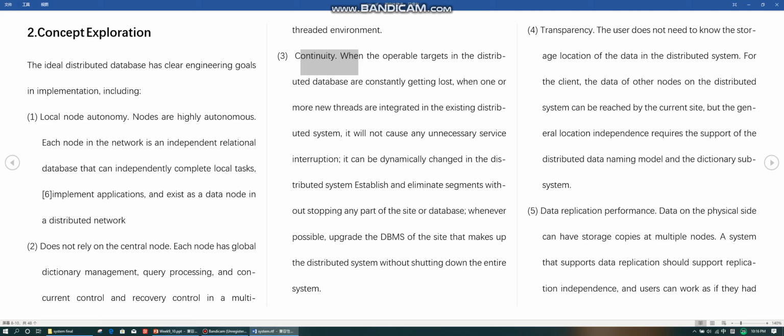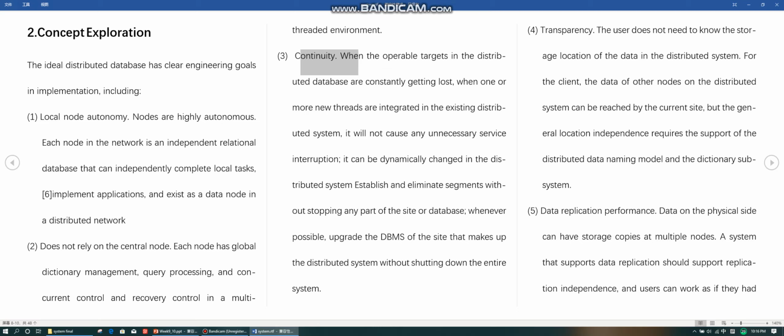So you can imagine that for a centralized database, you can't shut down the entire system even for a single second. But what if you would like to update your system or reorganize your system? It would be highly costly.